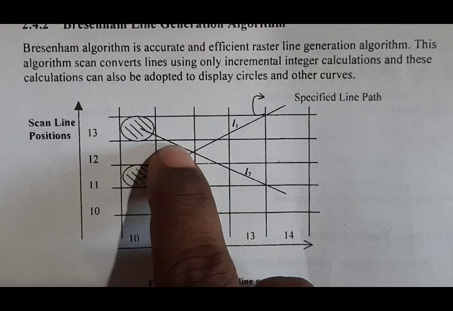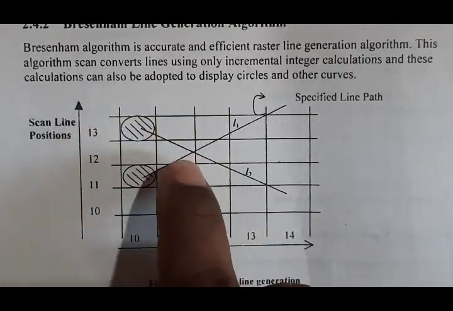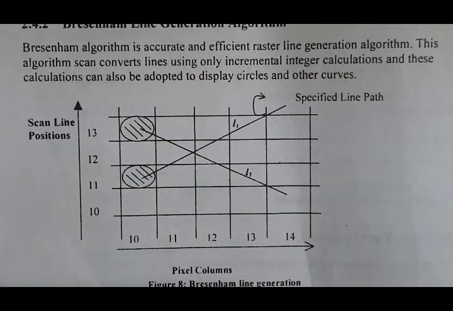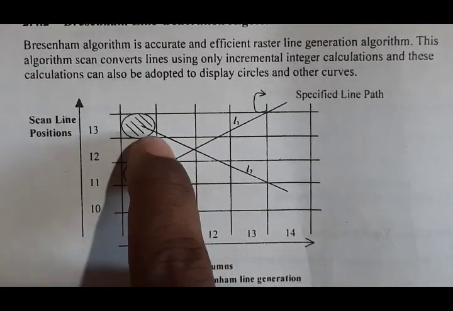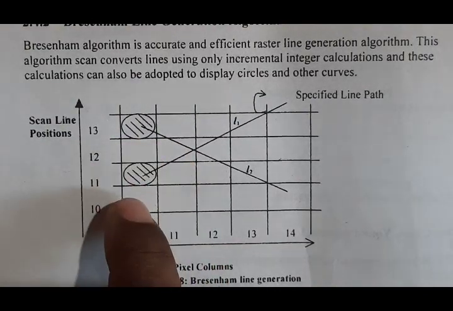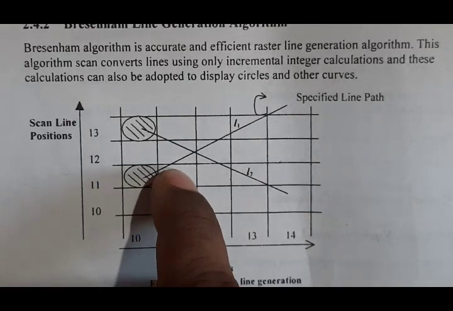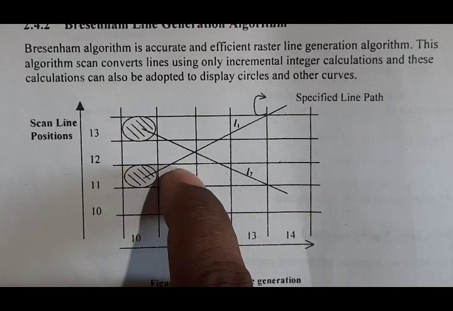So which pixel do you have to select? That's the question. You have to select this pixel or this pixel. Similarly here also, the line passes through this pixel as well as this pixel. Which pixel do you have to select?